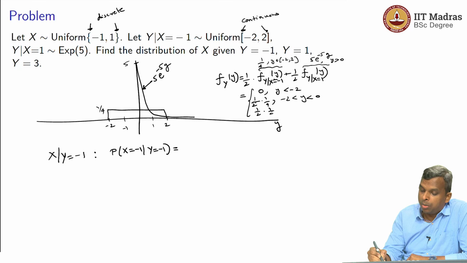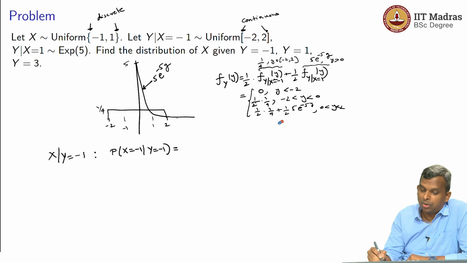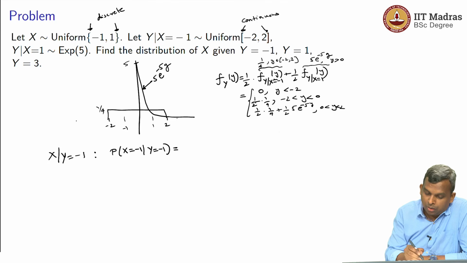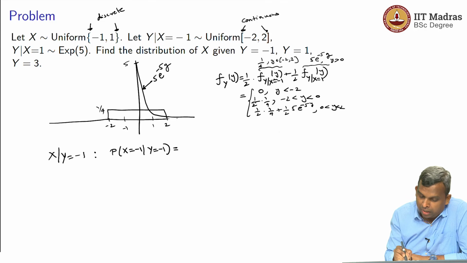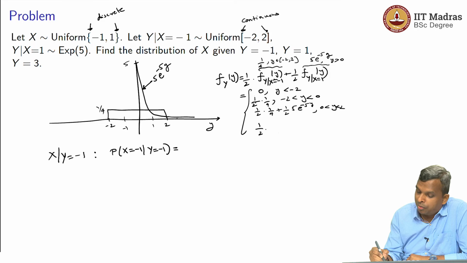It's half times 1/4 plus half times 5e^(-5y) for y between 0 and 2. And then, I'm running out of room here, so maybe I should stop somewhere here. Okay, that's much better. And it's half times 5e^(-5y) for y greater than 2.